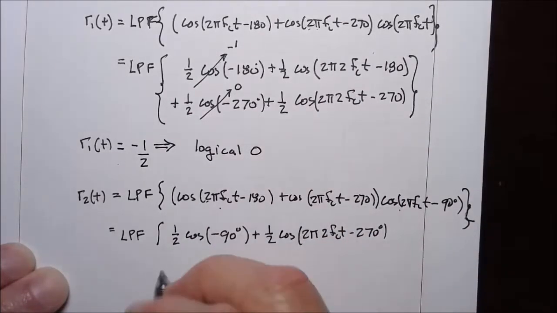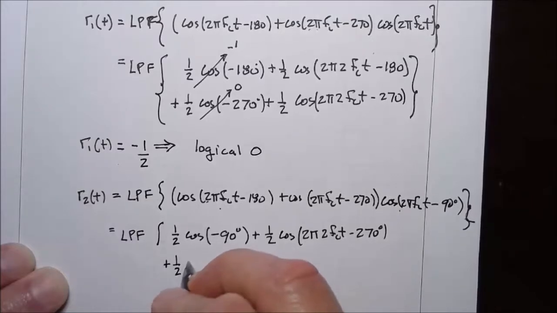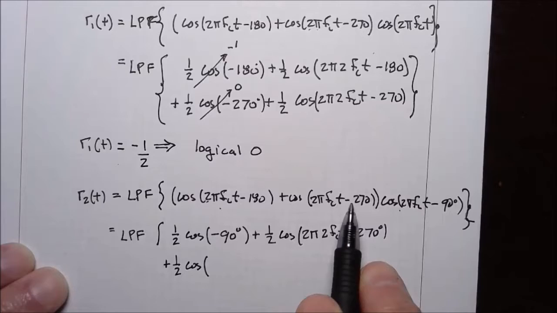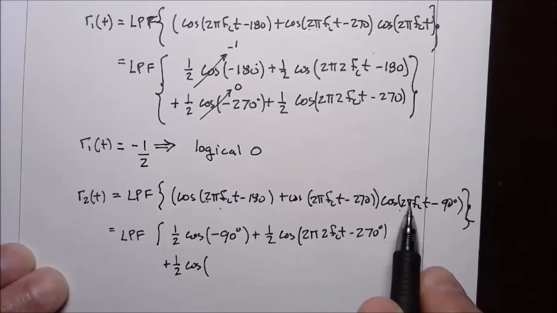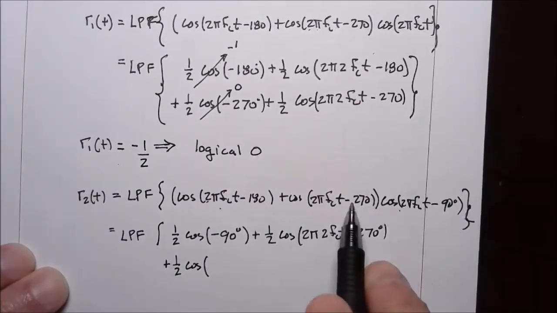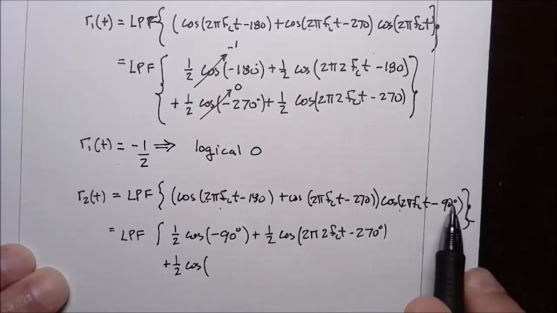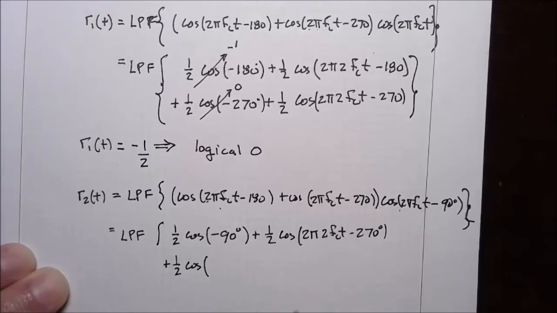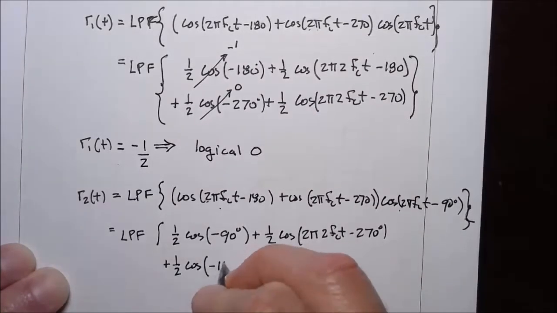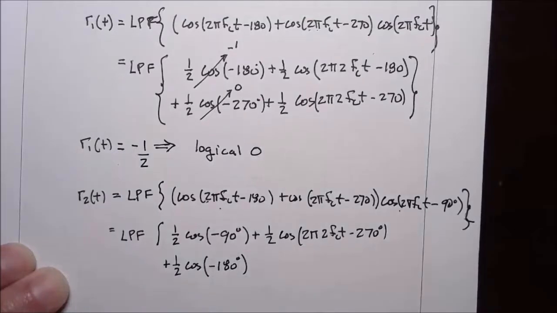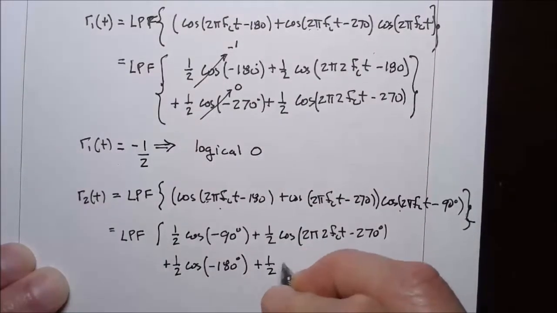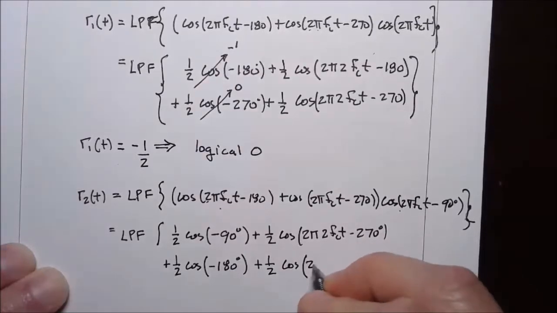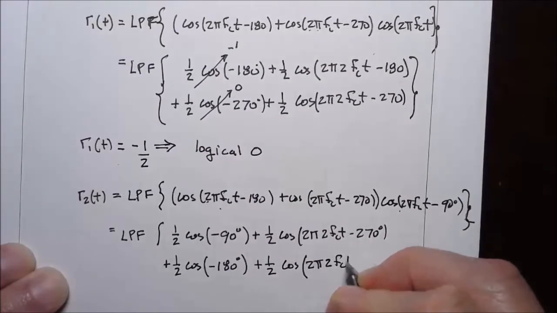And the second multiplication, we have plus a 1/2 cosine of the difference of the angles, 2 pi fct minus 270 minus 2 pi fct, that cancels, then 270 minus a negative 90, so that's 270 plus 90, which is going to be minus 180 degrees, plus a 1/2 cosine, and the sum of the two angles is going to be 2 pi times 2 fct.